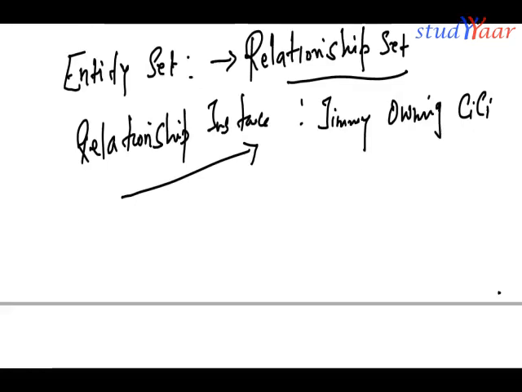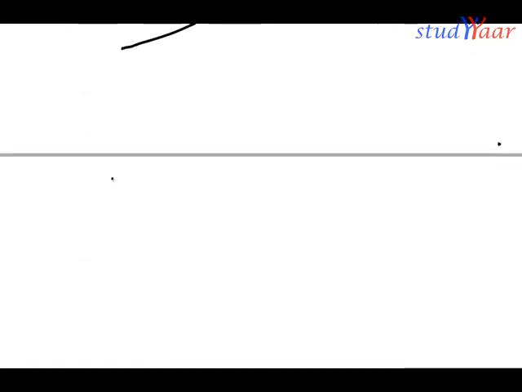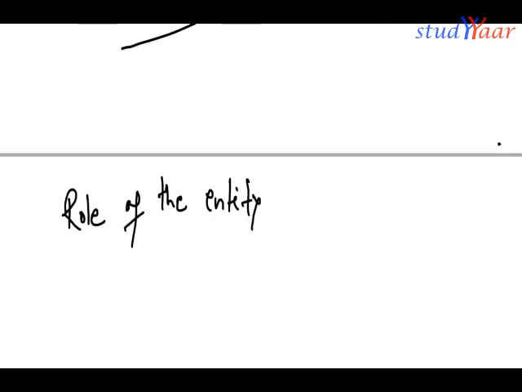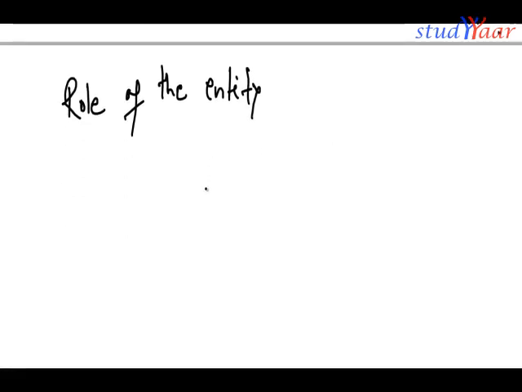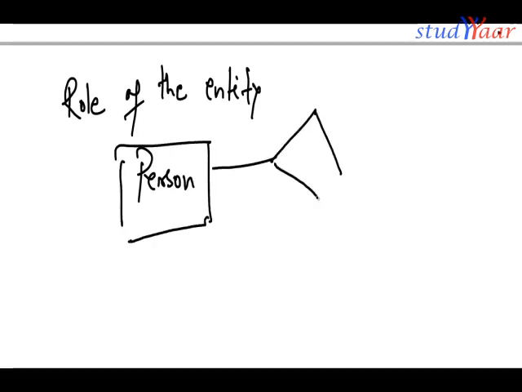The next terminology that we are going to introduce now is the role of the entity. The role of the entity basically decides what type of interaction the entity is having. In our example, it is the person owns pet.